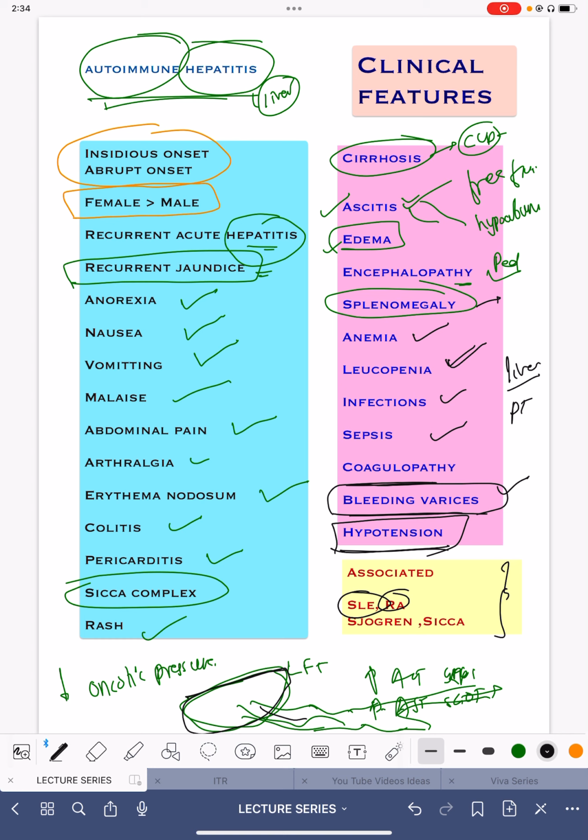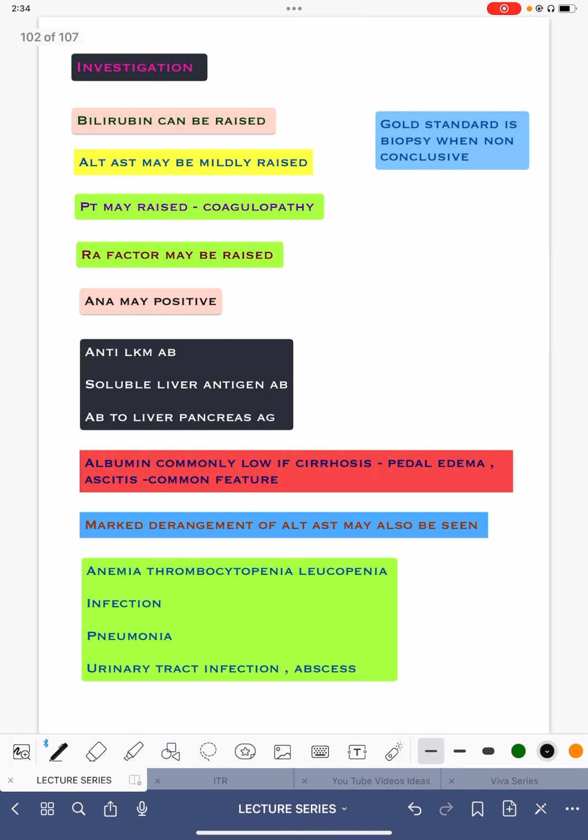It involves the larger joints, but always after the small joint involvement. Sjogren-like syndrome features can also be there, like dry eyes and dry mouth.